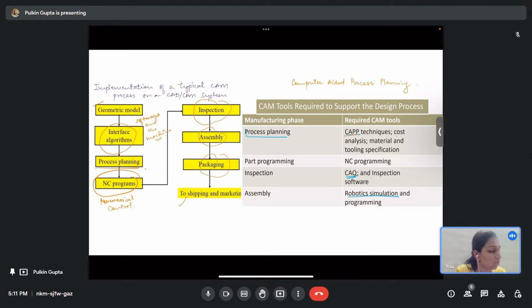Cost analysis: at any time you want to minimize the cost. Nobody wants to pay extra for a particular component. Then material and tooling specification have to be decided. Then part programming, which is NC programming. Then inspection, which is computer aided quality and inspection software.